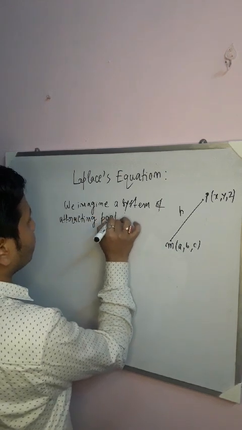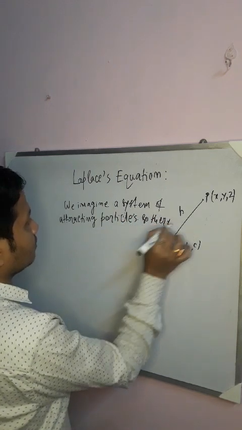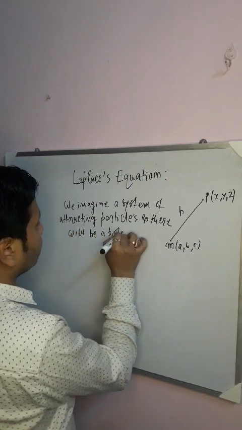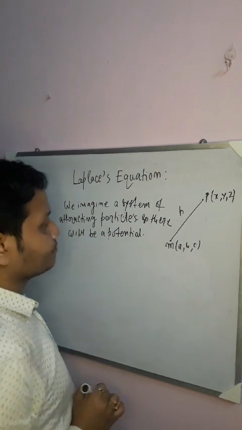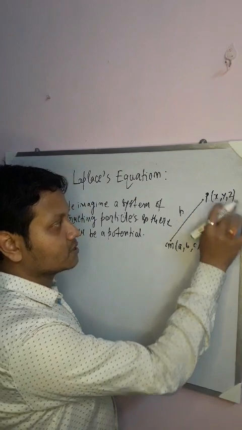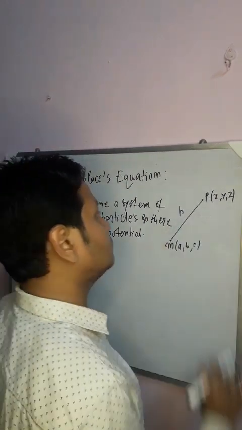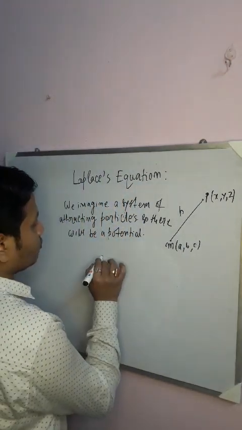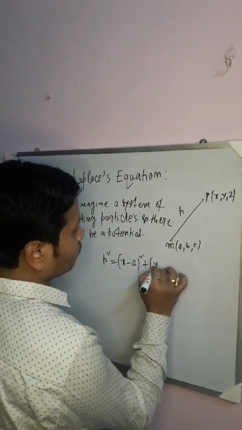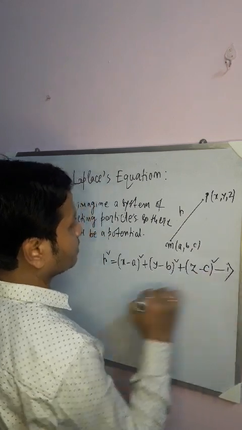Now we take an observation point, say P, with coordinates x, y, z, and we take any one particle with coordinates a, b, c. If the distance is r, we can easily know from coordinate geometry that r square can be written in this way.